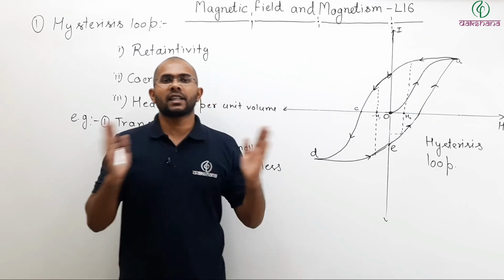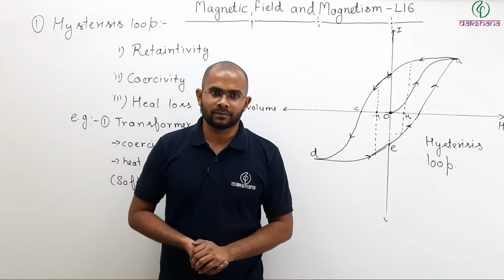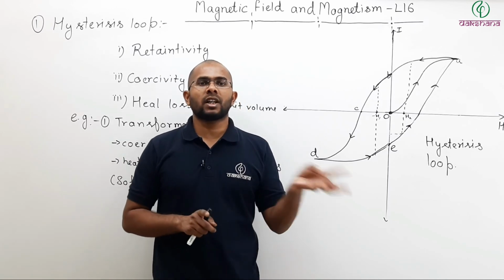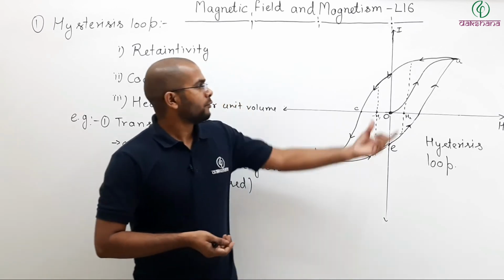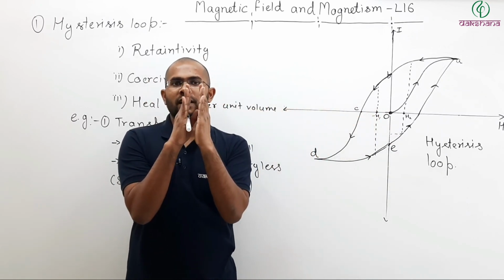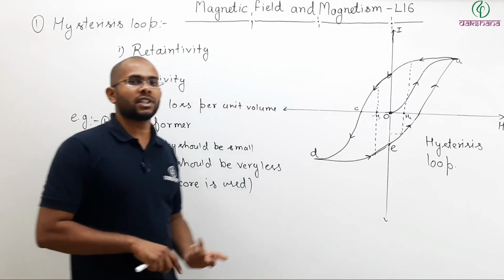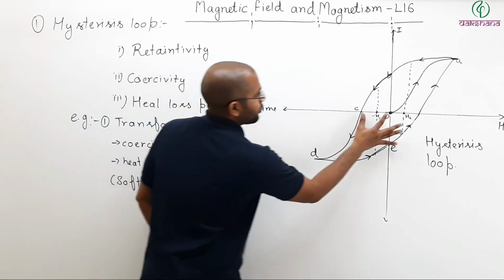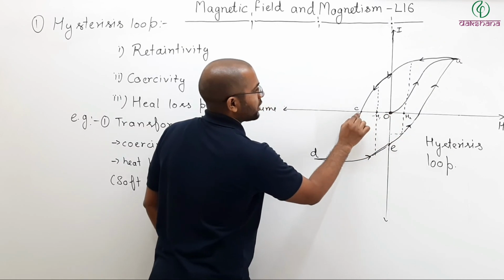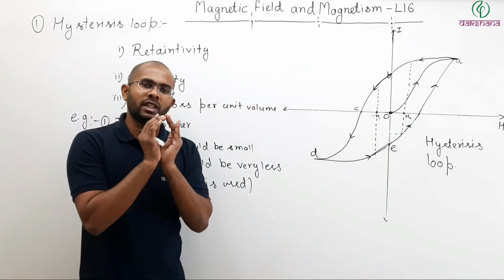For example, the hysteresis curves of two materials are given. How will you tell which one has less heat loss? Whichever has smaller, narrower area will have less heat loss. And how can you judge coercivity? This is your coercivity from O to C, from where the curve cuts the axis. So in a transformer, coercivity should be very small.